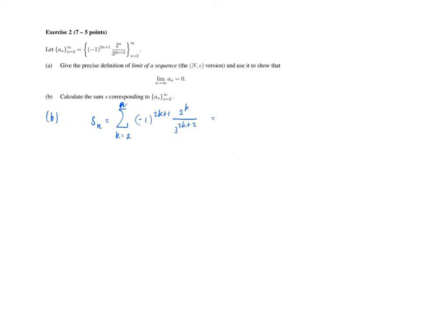So what we are doing is, well, first observe that minus 1 to the power 2k plus 1 is always minus 1, since 2k plus 1 is odd.